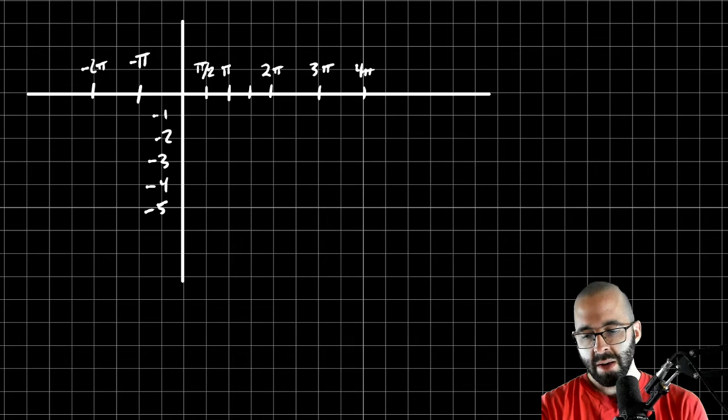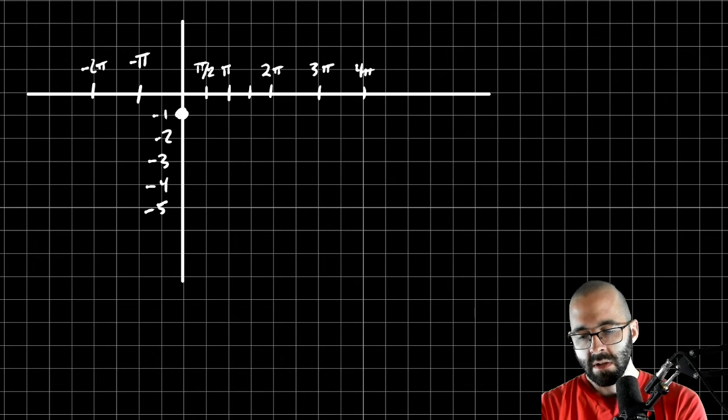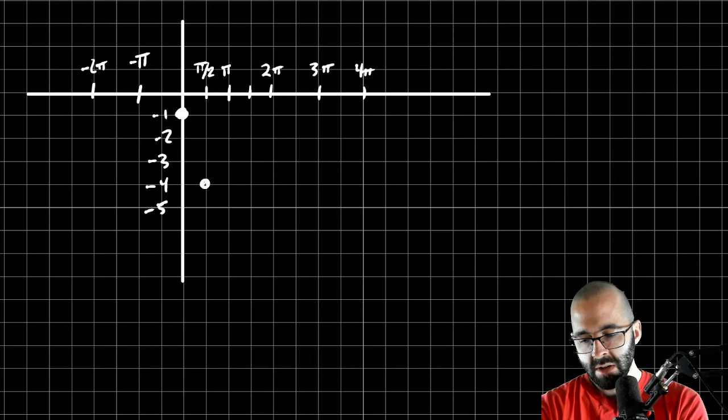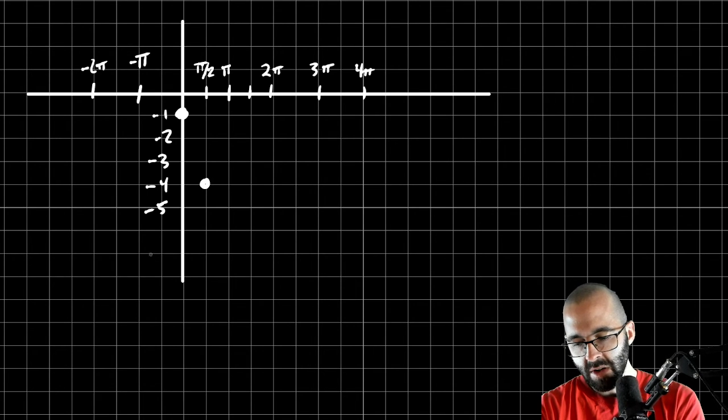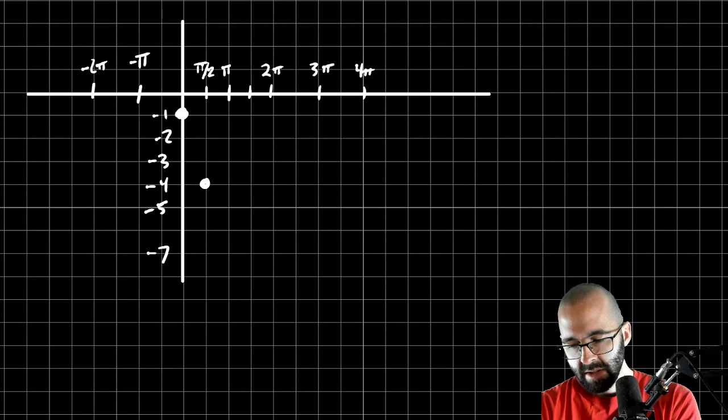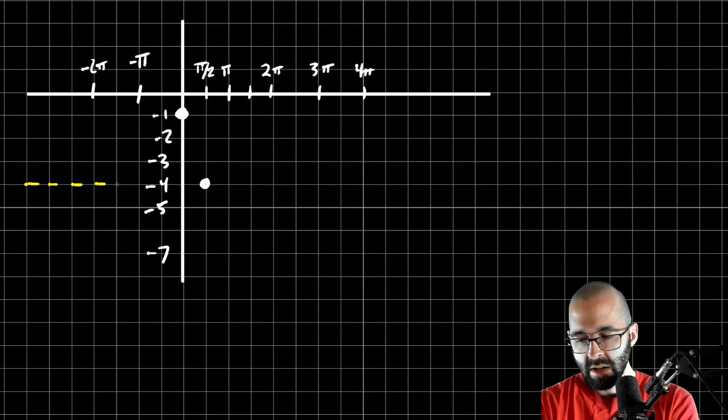So we're starting at 0, -1. We hit the midline at pi over 2, -4. We go down all the way to -7. Let's graph the midline, -4. Graphing the midline is usually really helpful.